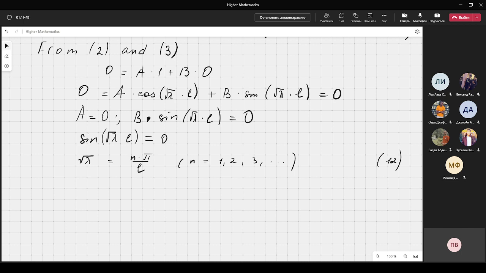We do not take the value n equals 0, since then we would have X equals 0 and U equals 0. And so we have X equals B times sine of n times pi over L times x.